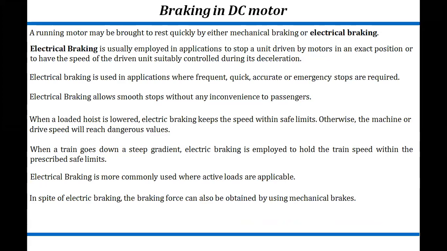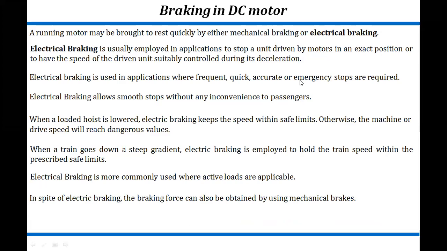Now we are supposed to study braking in DC motor. If we are supposed to stop our rotating DC motor, we can give electrical braking. Electrical braking is usually employed in applications to stop unit-driven motors at an exact position. By using electrical braking, we can give an emergency stop.